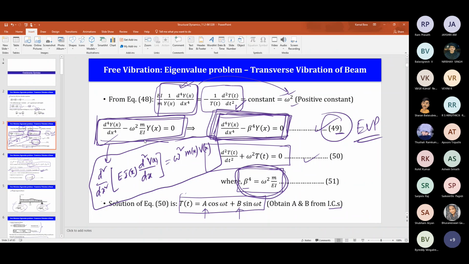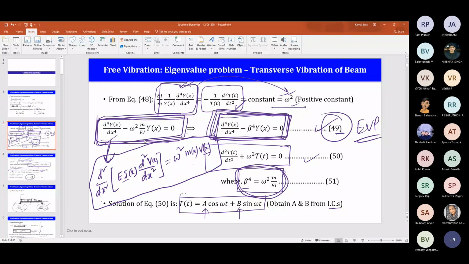If EI is constant, you can easily see that EI outside, d4v by dx4 equals omega squared m by EI times v(x). You already know how this expression comes, by the variable separation technique.